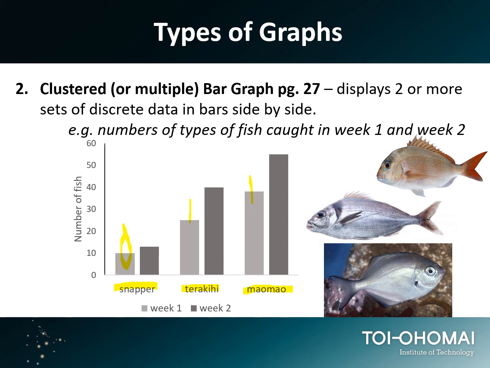So you have your discrete data of your species type, and then your number of fish caught, this variable of number, could be discrete or it could be continuous on the y-axis, and that is called a clustered or multiple column or bar graph.